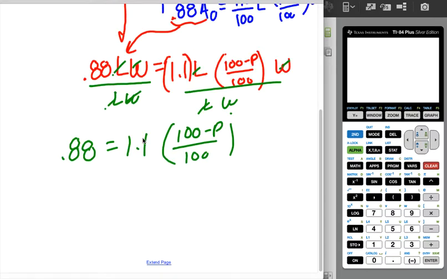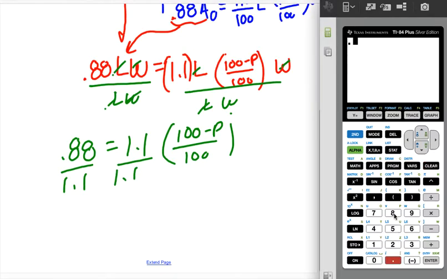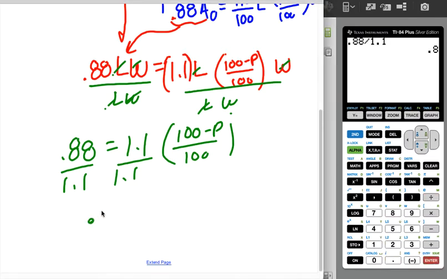Well, if I want to solve for p, I'd probably start by dividing by the 1.1, right? So 0.88 divided by 1.1, and I get 0.8, right? One way to think about this is that essentially this is 80%.